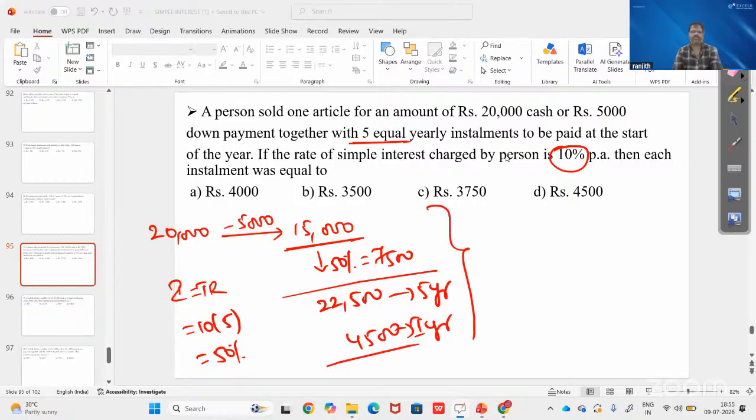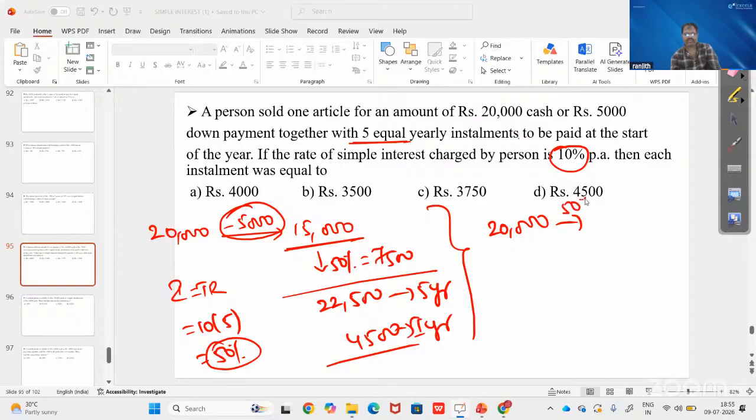If 5,000 is the down payment, that is one case. If there is no down payment, so he is not paying the 5,000 either, what is each installment amount he has to pay? For 20,000, the rate of interest is 50%.